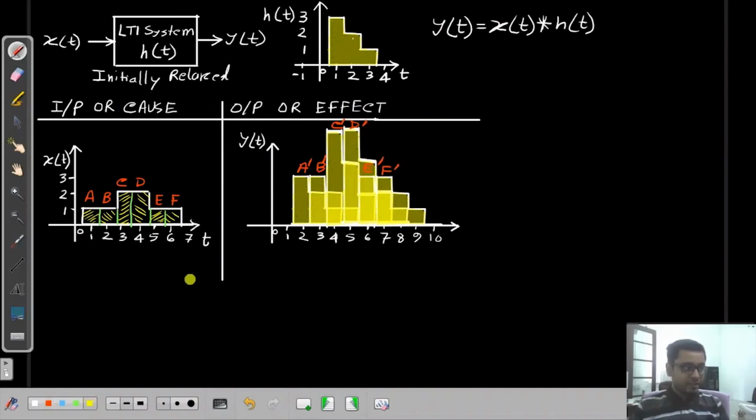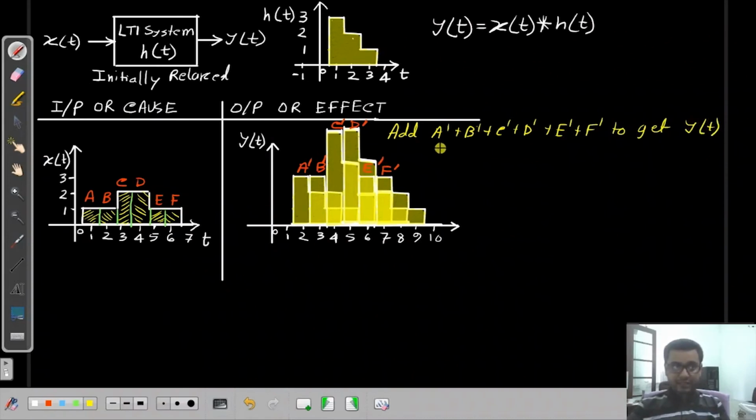Then we need to add A prime plus B prime plus C prime plus D prime plus E prime and F prime to get the total output y(t).